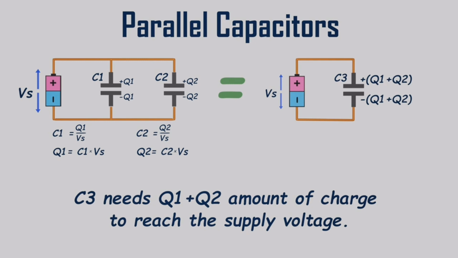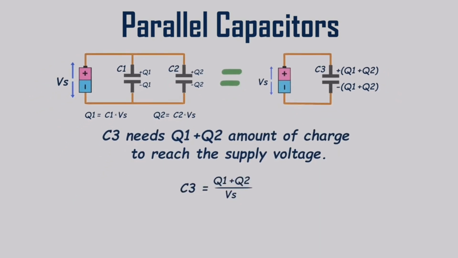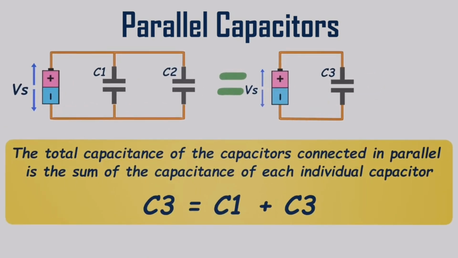This capacitor C3 needs Q1 plus Q2 amount of charge to reach the supply voltage, so we can write the capacitance of C3 as Q1 plus Q2 divided by Vs. Here we can replace the Q1 and Q2 from the C1, C2, and Vs. We can simplify this expression by canceling common factors, resulting in a relationship like this. In conclusion, when capacitors are connected in parallel, the total capacitance of the system is just the sum of the capacitance of each individual capacitor.